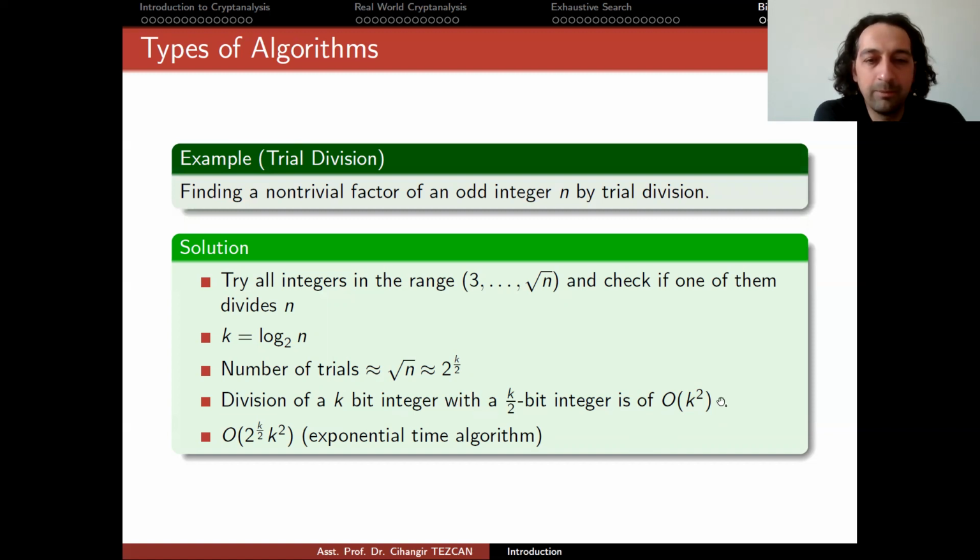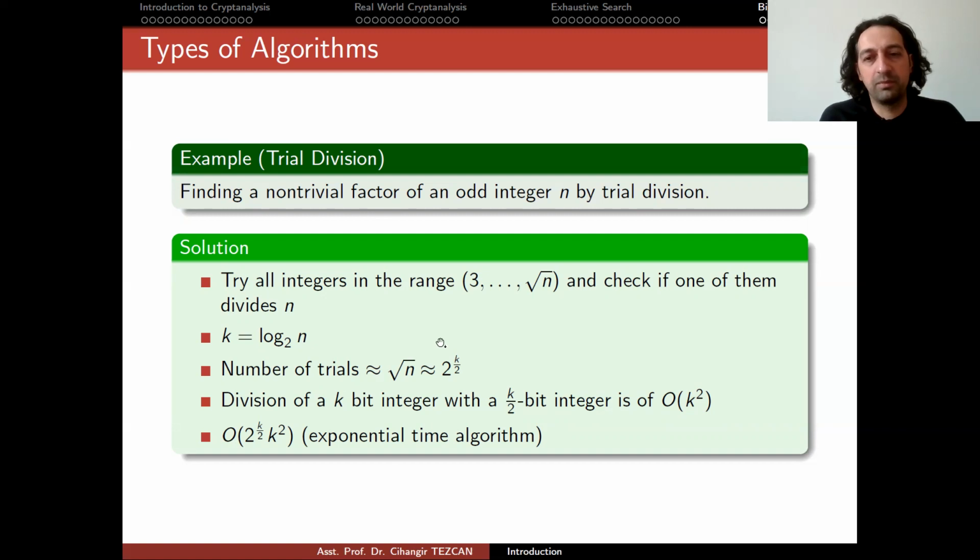So since we perform this many operations and each operation requires this many operations, the final result is O(2^(k/2) times k^2). So it is an exponential time algorithm. Since this is an exponential time algorithm, you cannot easily factorize huge numbers, and this is why RSA is secure.